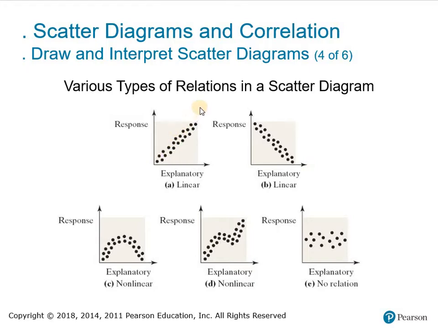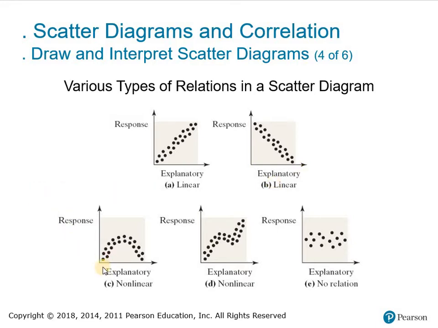If it's going upwards when you scan it from left to right, that means the relationship is linear and positive. If it is going downwards when you scan it from left to right, that means it is linear and a negative relationship. Positive relationship means when the explanatory variable increases, the response variable increases as well. Negative relationship just means when the explanatory variable increases, the response variable decreases.